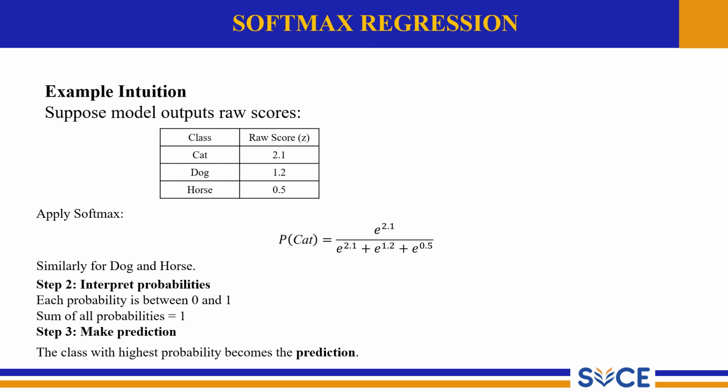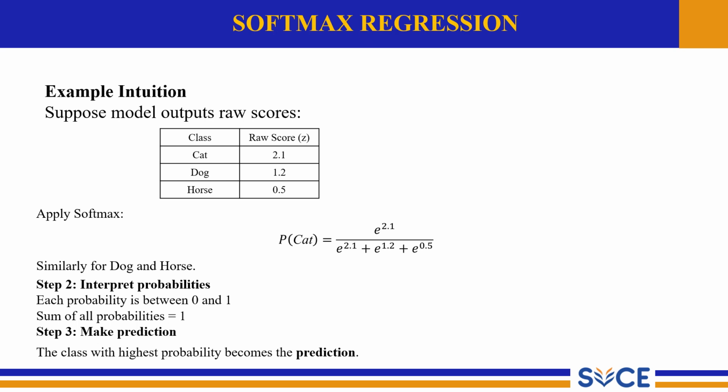Suppose the model outputs the raw scores, logits, for three classes: cat 2.1, dog 1.2, horse 0.5. The first step is applying the softmax formula. Probability of cat equals e to the power of 2.1 divided by e to the power of 2.1 plus e to the power of 1.2 plus e to the power of 0.5.